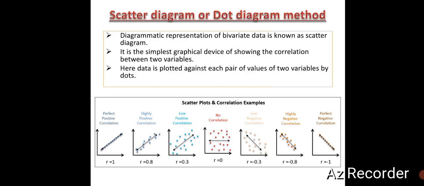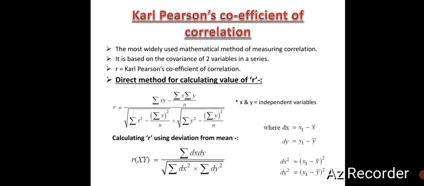Then the low positive correlation, where the dots are somewhat scattered, but in the same direction as the imaginary line. And for no correlation, we can't make any imaginary line, because the dots are so scattered, and there is no relation in the direction or distribution of the dots. The same goes for low negative correlation, high negative correlation, and perfectly negative correlation.